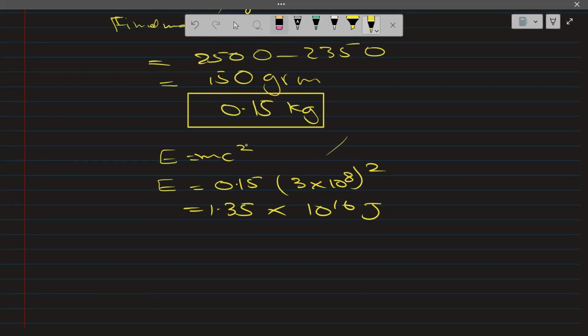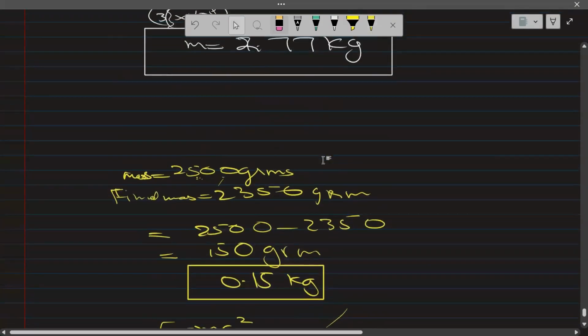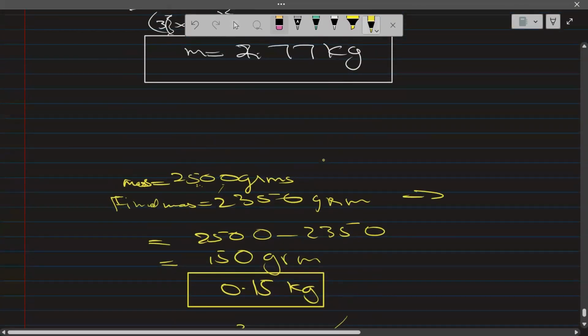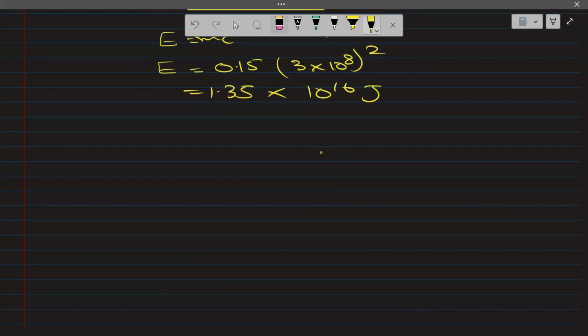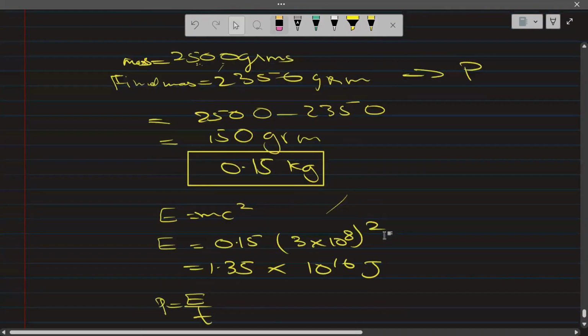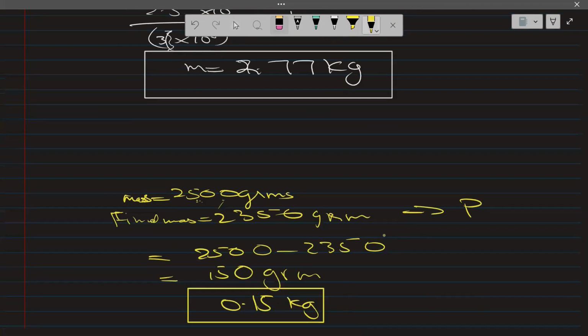And there's another part of this question, in which we have to find power also. So power is equal to energy upon time. P is equal to E upon t. For this, energy is given, 1.35 times 10 to the power of 16, and the time which is given is 2 minutes.